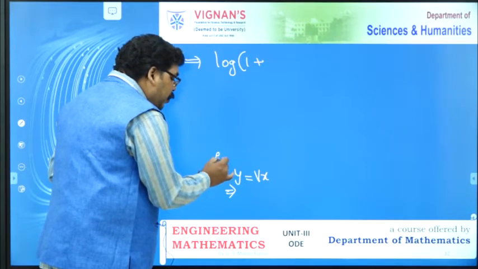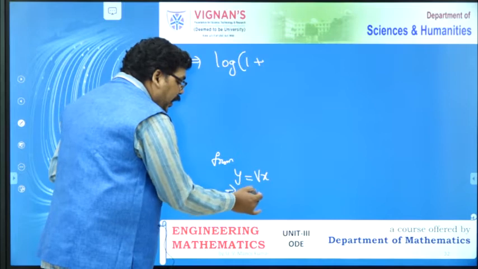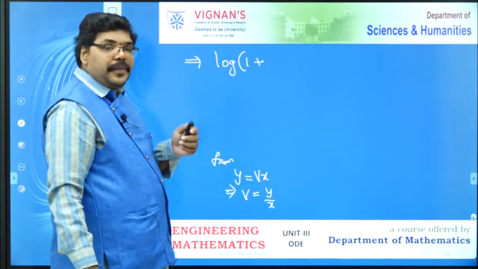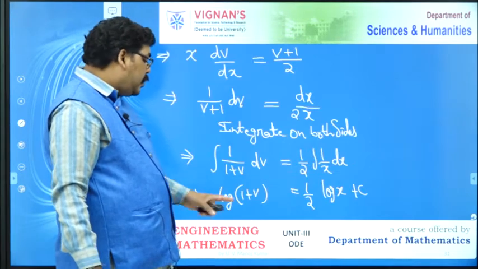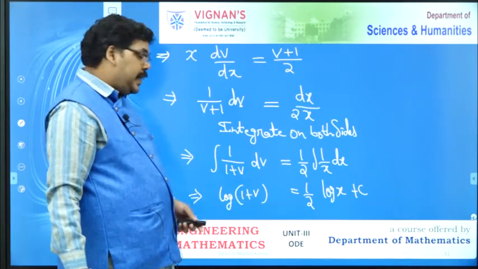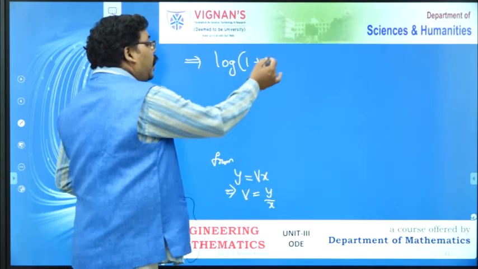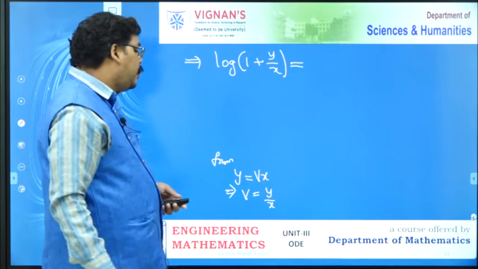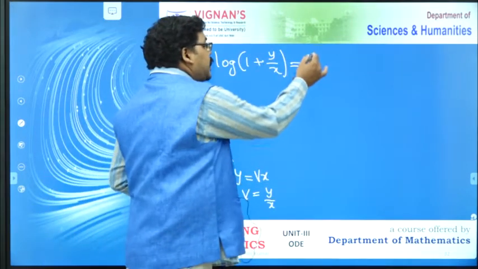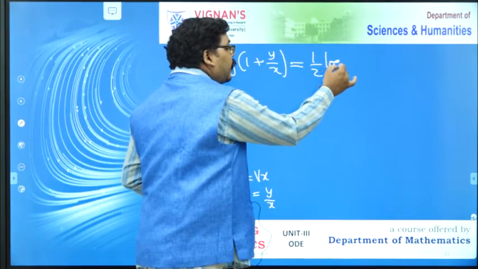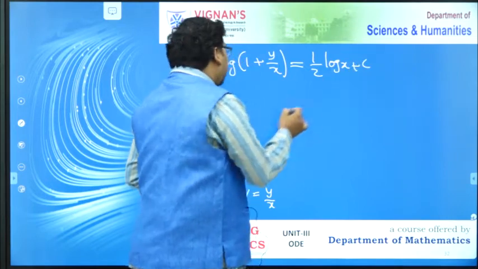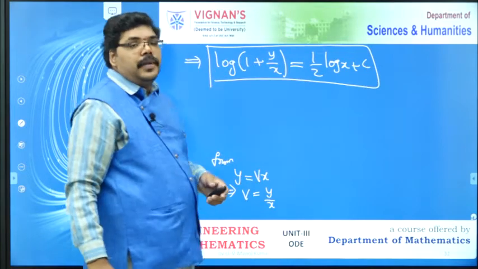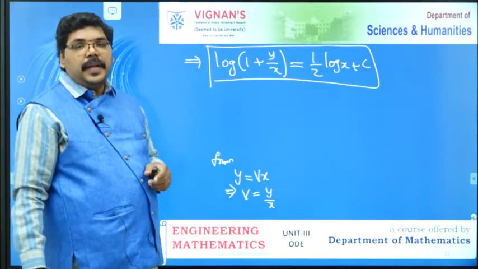From y equals vx you can write v equals y by x. So in the final answer, replace v with y by x. Log 1 plus y by x equals 1 by 2 log x plus c. This is the solution for the first differential equation in the homogeneous type.